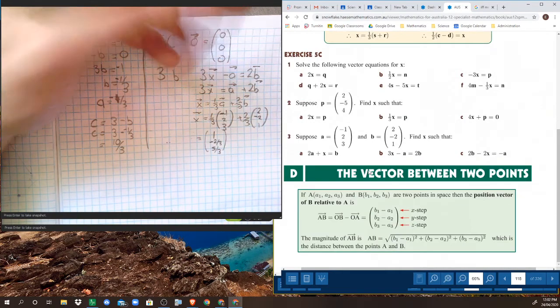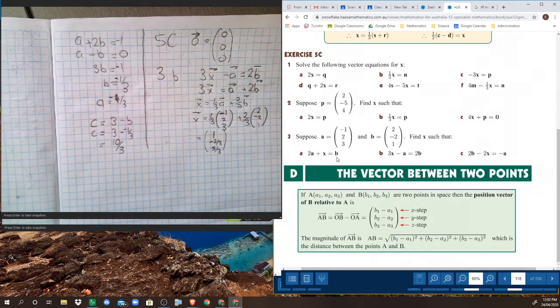Moving on. Vectors between 2 points. This is where we start moving into real coordinate geometry. A vector like a little a, you could place that anywhere in space. It's a movement. It's not necessarily joining 2 points.